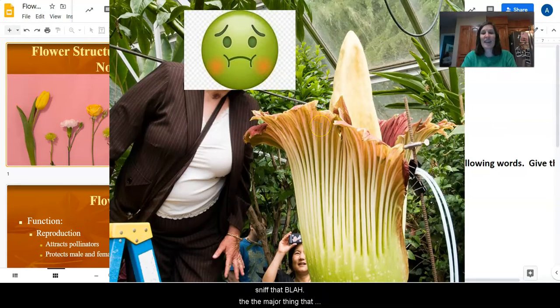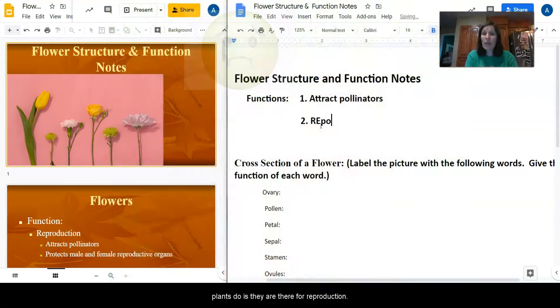Okay, so the major thing that plants do is they're there for reproduction. I mean, that's exactly what it's there for.